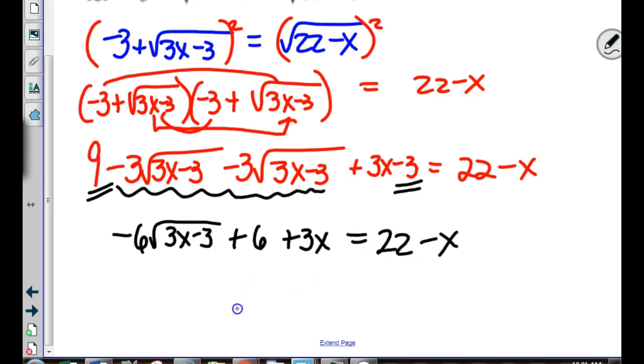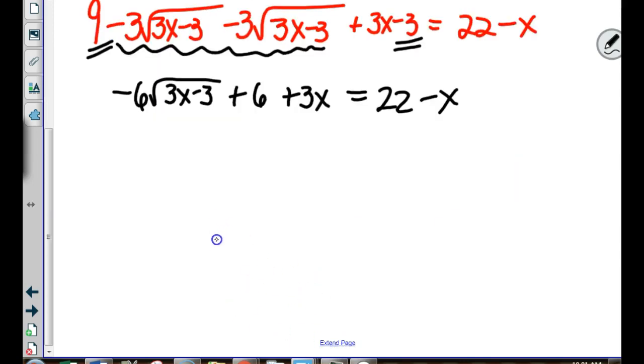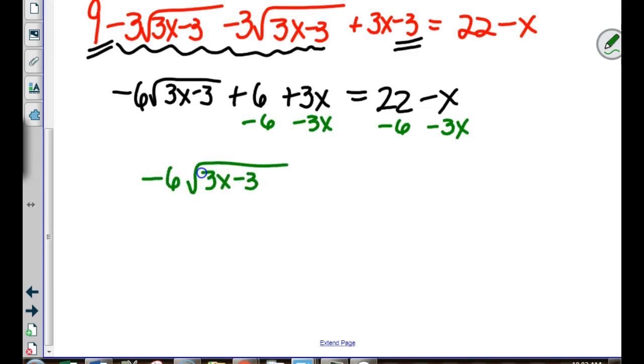Hey, I know I want to cry, and I'm the teacher, but we have to isolate the square root again. So what are we going to do? Not yet. Minus 6 and 3x. So we have a negative 6 square roots of 3x minus 3. And over here we have 16 minus 4x. Is that right, guys? Okay.